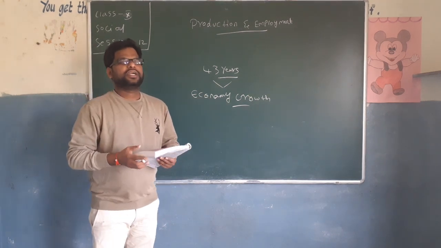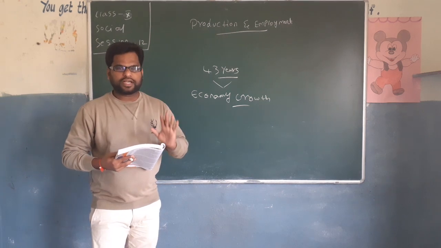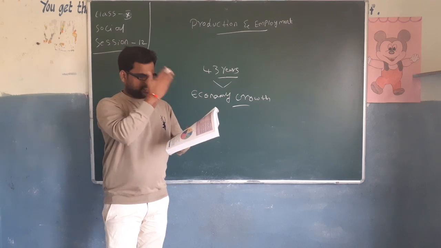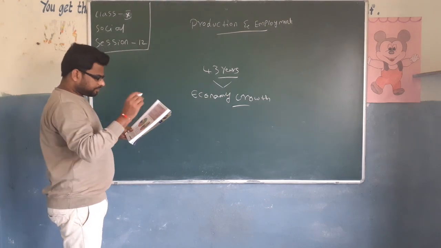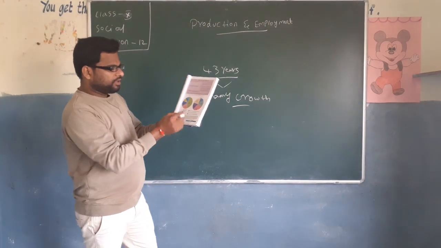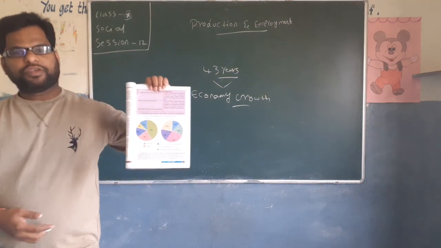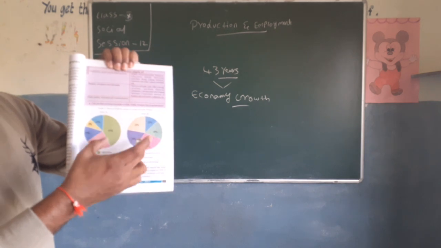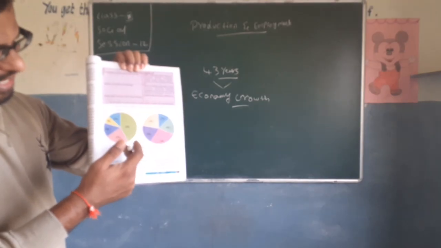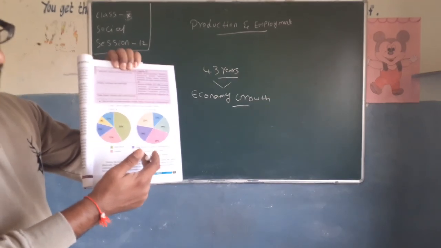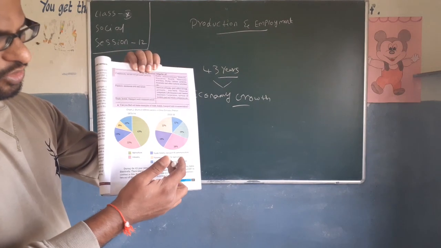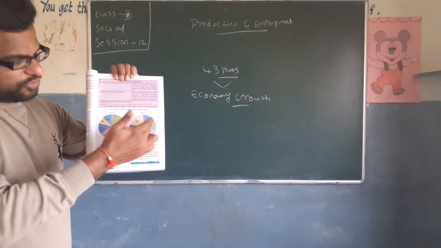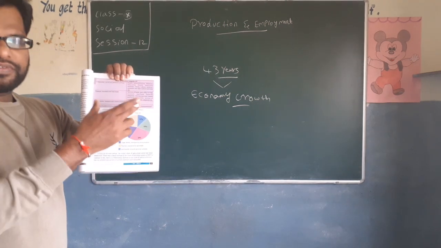GDP is not increased only through agriculture, it will be increased through many ways that I will show you now. There are a few diagrams here. If you observe in your textbook, they have given a clear picture of how agriculture, industry, hotels, commerce and social personal services have increased day by day, shown with the percentage.